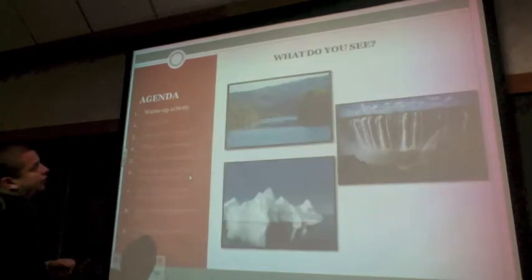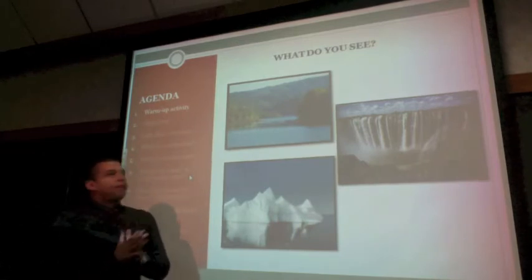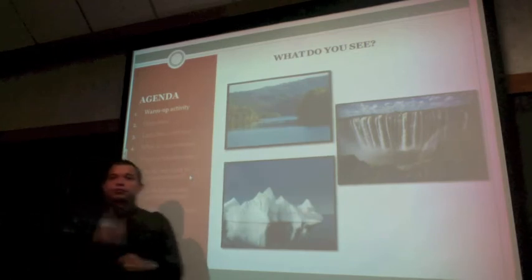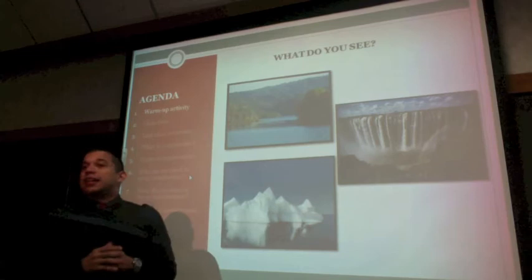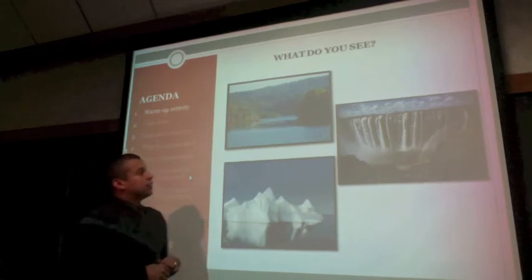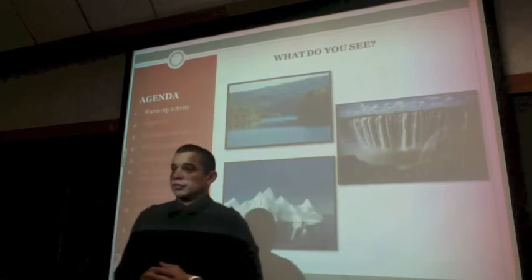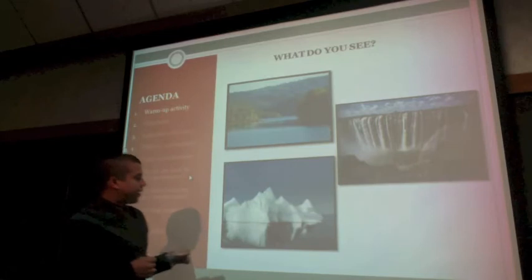All right, guys. What do you see in these pictures? The first picture that we have here. You see again? It's a lake, right? What about the second picture? A waterfall, correct.